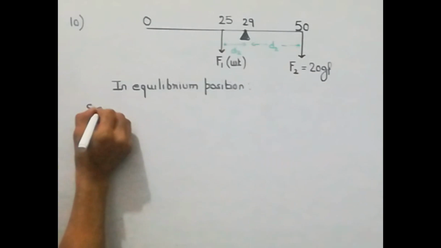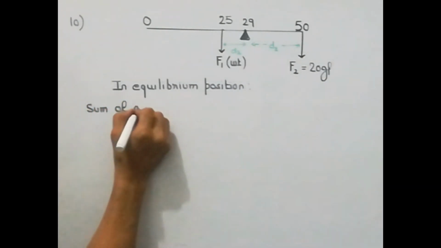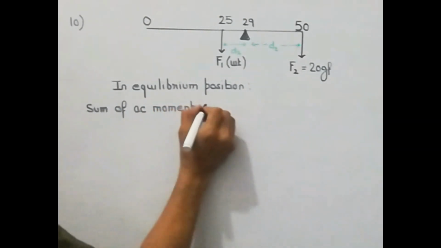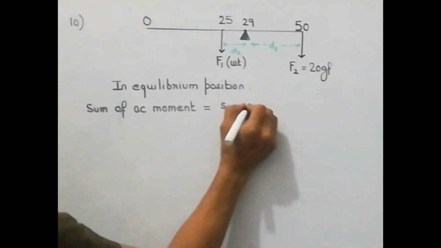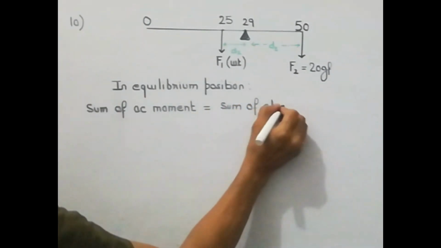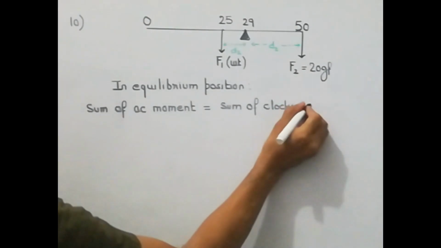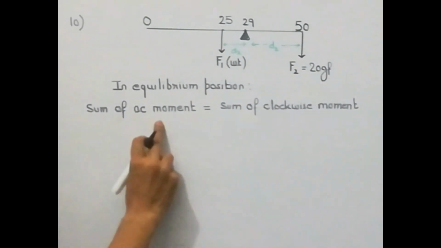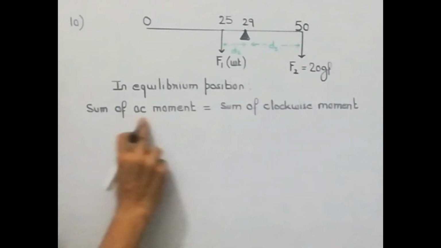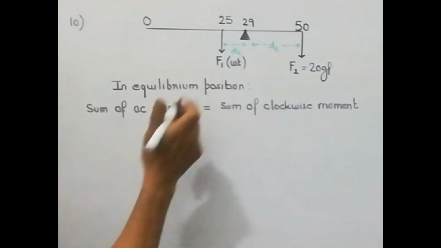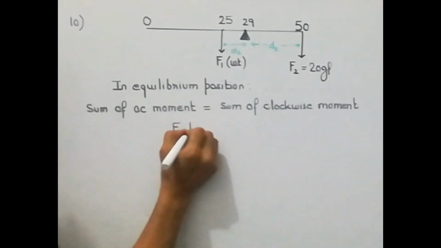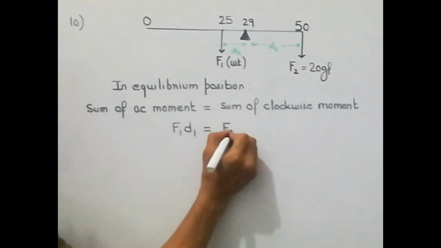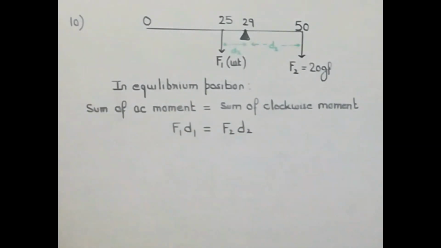We can write the sum of anti-clockwise moment is equal to the sum of clockwise moment. Which force is producing anti-clockwise moment? You can see F1 is producing anti-clockwise moment, so it's F1 D1. And which force is producing clockwise moment? F2. So we are going to mark it like this.